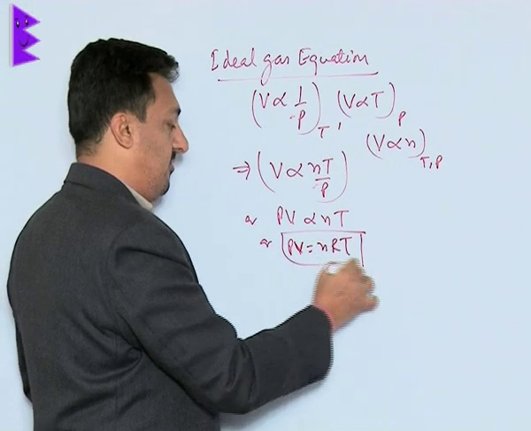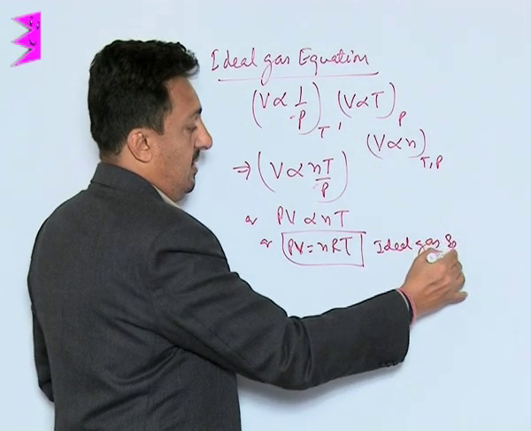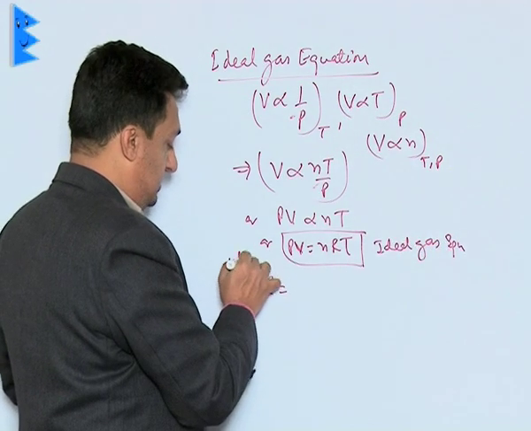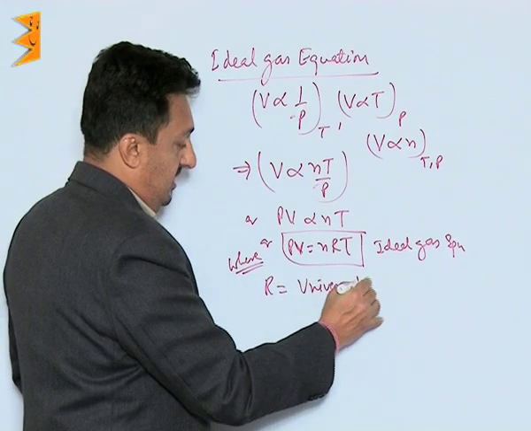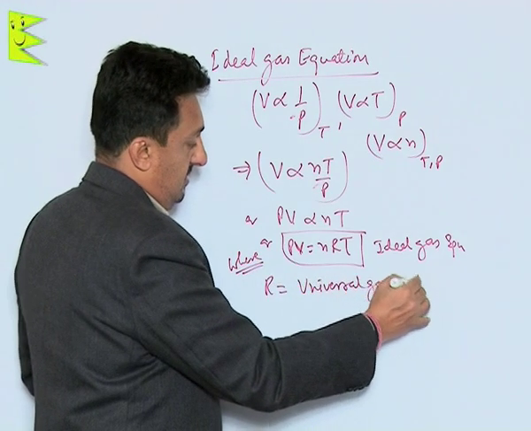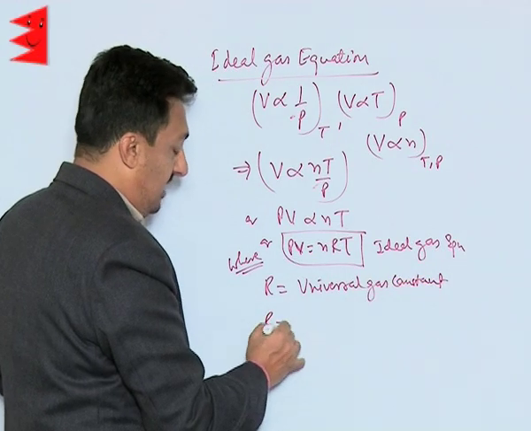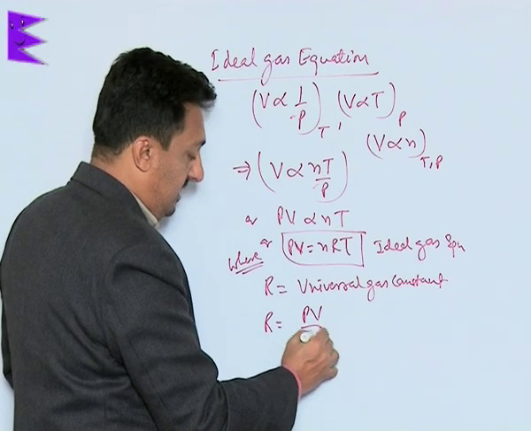So this equation is called the ideal gas equation, where this R is called the universal gas constant, whose value can be determined from PV over what? nT.